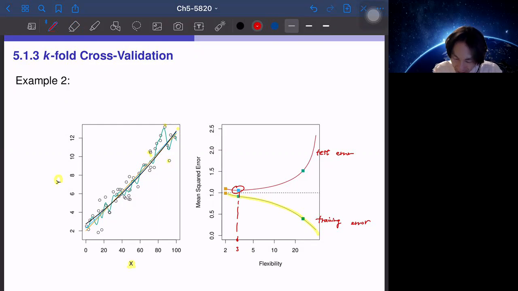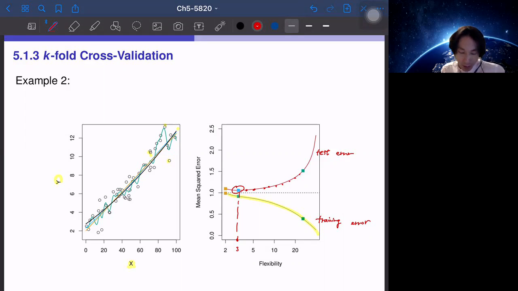I don't know how they made this smooth curve. Probably they tried other things. This is a simulated model, so probably they made some theoretical curve, and then connected the theoretical curve for each number of parameters.